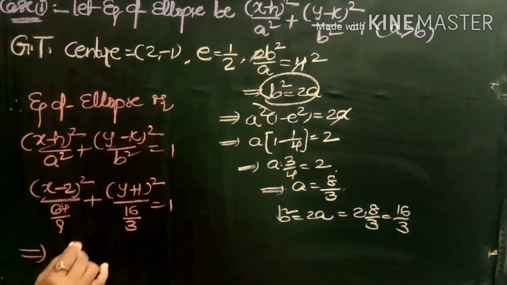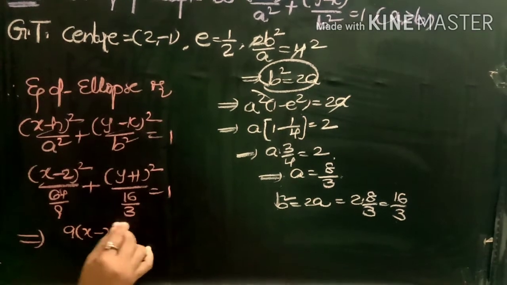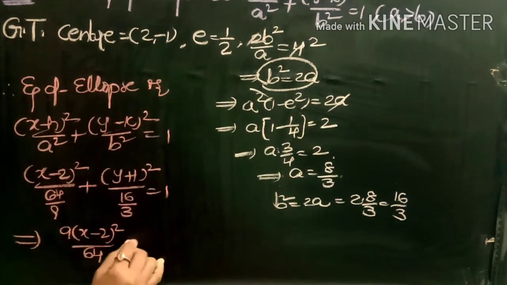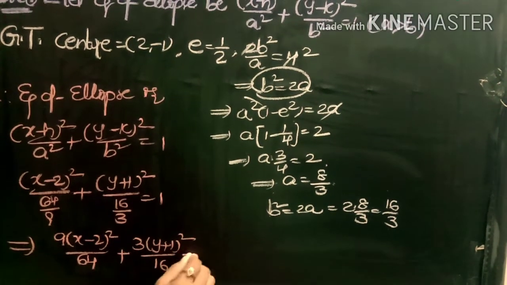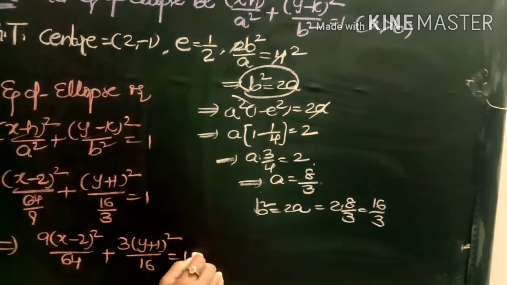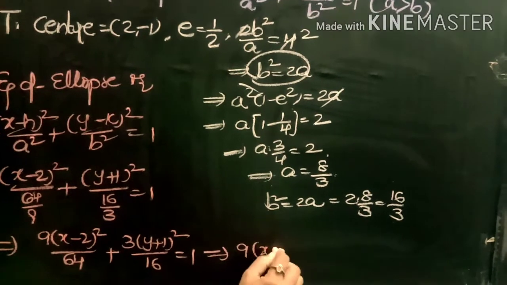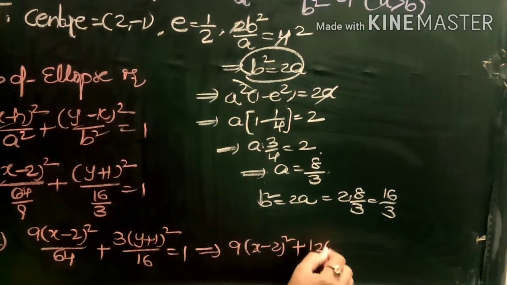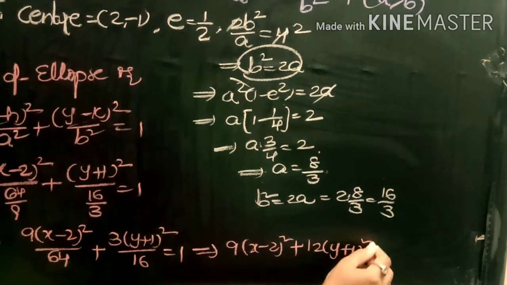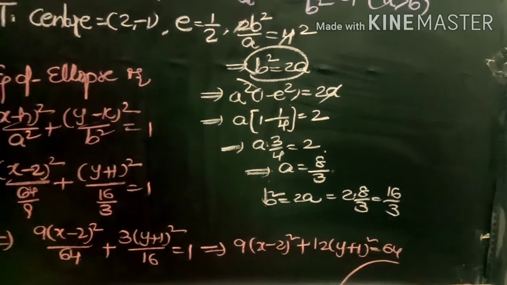That is 9 into (x minus 2) whole square by 64 plus 3 into (y plus 1) whole square by 16 equals 1. By taking LCM we get the answer as 9 into (x minus 2) whole square plus 12 into (y plus 1) whole square is equal to 64. That's all. This is the answer.